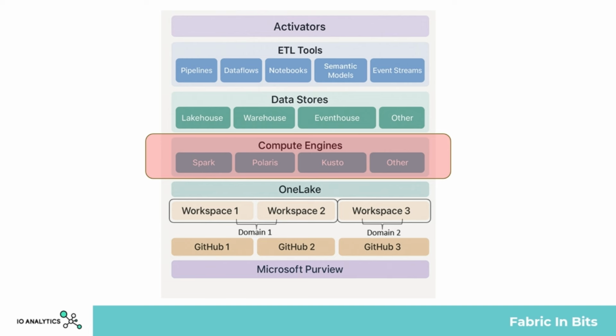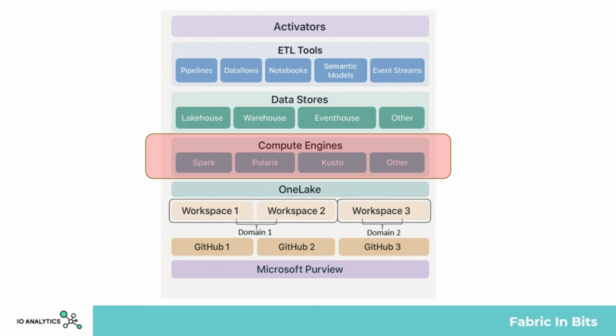The Polaris compute engine that sits beneath your warehouse is designed for warehouse performance processing. So that's typically enterprise type reporting where you need to process that data and analyze it for enterprise reporting purposes. Kusto is a super fast processing engine that takes millions of records and lets you ask a question of those records and have the answer come back within seconds.